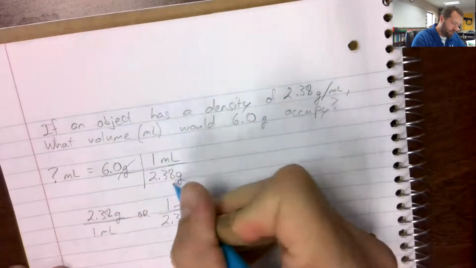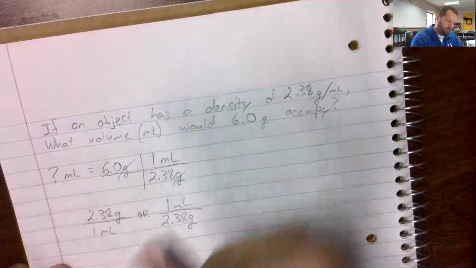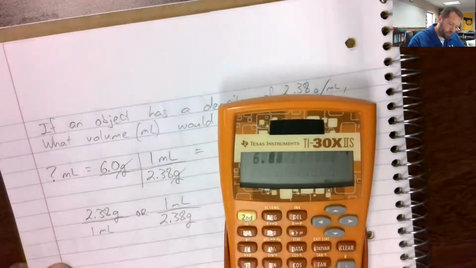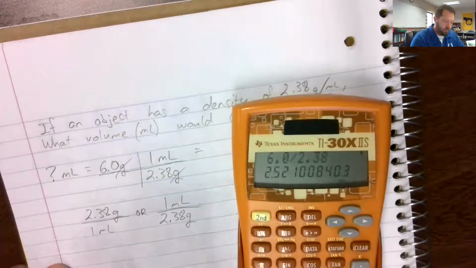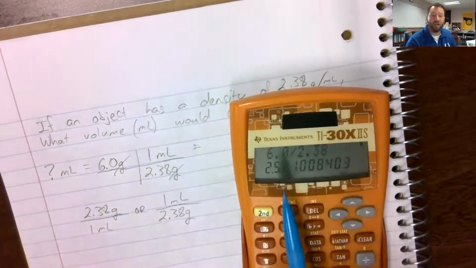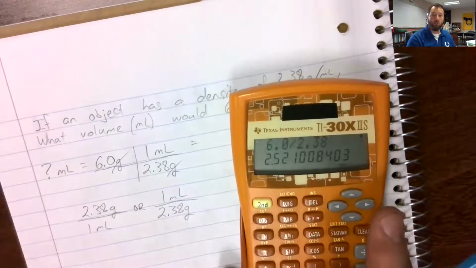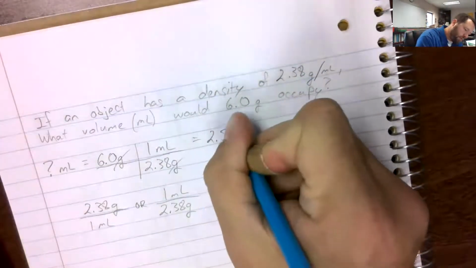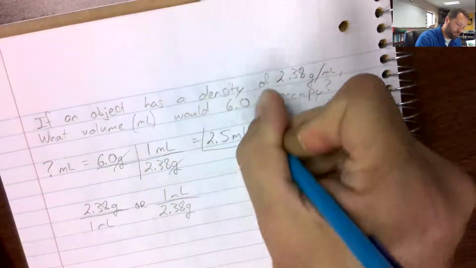One step, we've canceled out grams, divided out. We're left with milliliters. That's exactly what we're looking for. So we just have a quick division problem. 6.0 divided by 2.38, 2 significant digits, 3 significant digits. I'm limited to just 2 significant digits. That's the 2.5. So we'd expect 6 grams to occupy 2.5 milliliters.